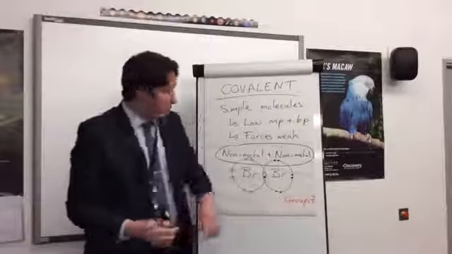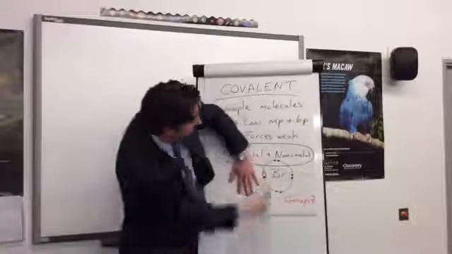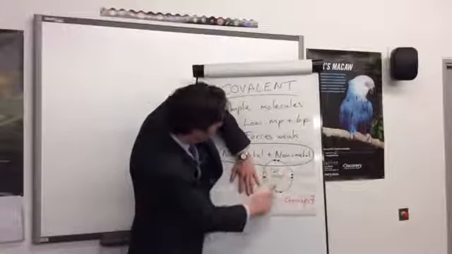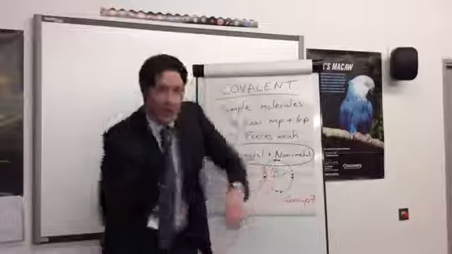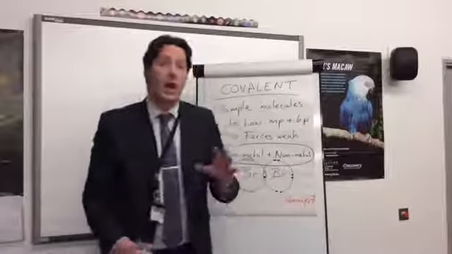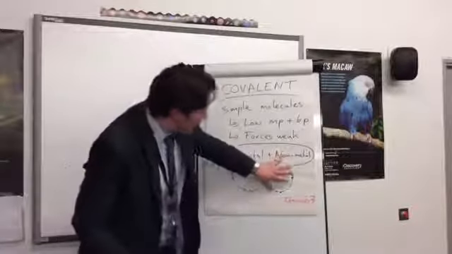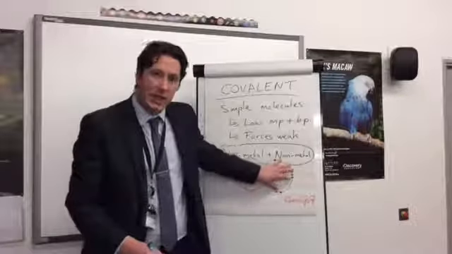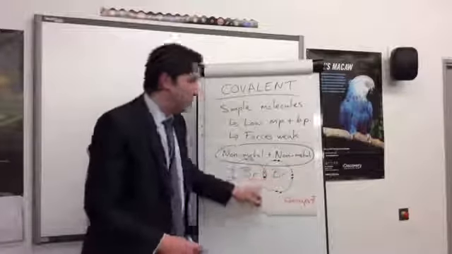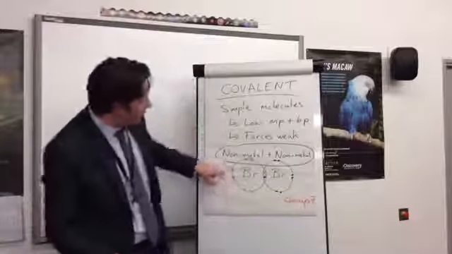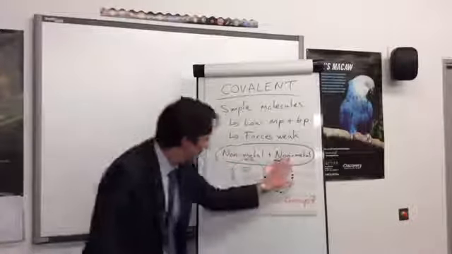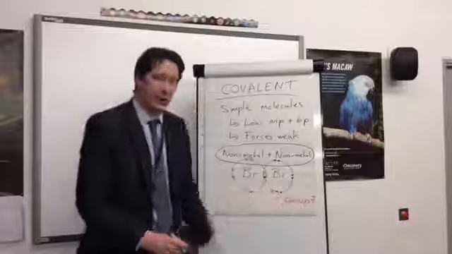Now when I look at this diagram, if I cover up this bromine and count all the electrons around that bromine, I've got 1, 2, 3, 4, 5, 6, 7, 8. I'm sure you told me that there could be 8 electrons in the outer shell of a second shell, or even a third shell. And similarly, this one, if I counted it up, has also got 8 electrons.